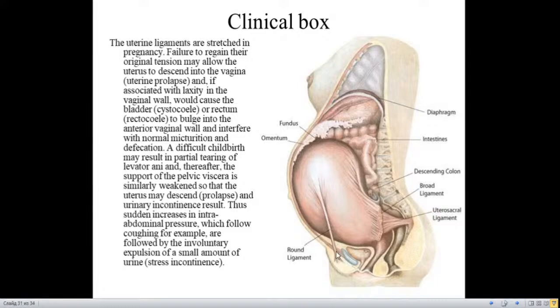Of course, during pregnancy they stretch, and if they do not return to normal conditions after pregnancy, they are weakened, relaxed, and it might finally cause prolapse of the uterus.